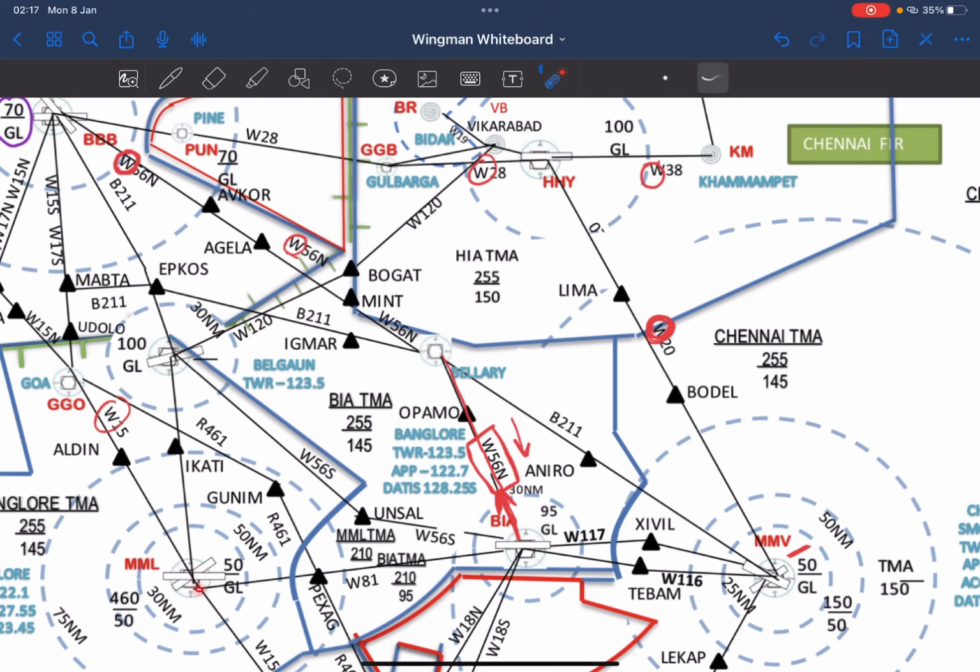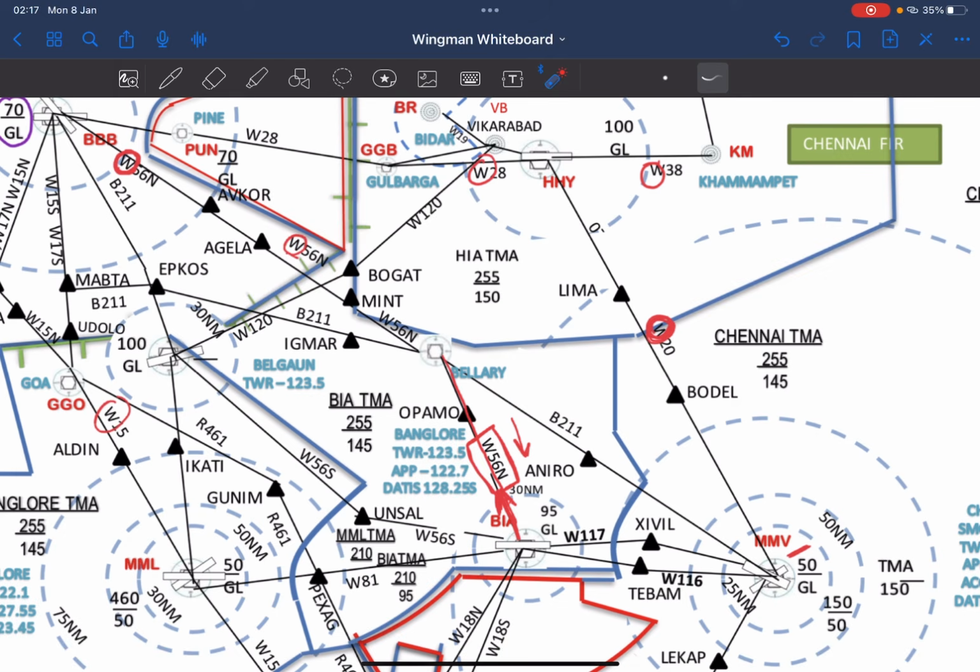Let's say our initial route which we planned and filed the flight plan was via Pexag, Whiskey 81 to Bravo India Alpha, Whiskey 56 north to Bellary, then Whiskey 56 north all the way till Bravo Bravo Bravo via all these reporting points. But let's say now I want to save time. So what can I say?